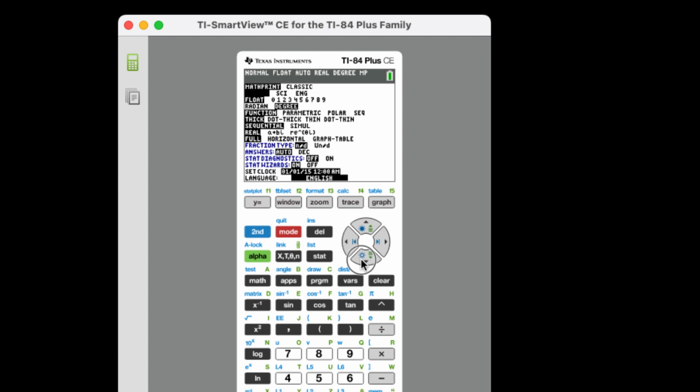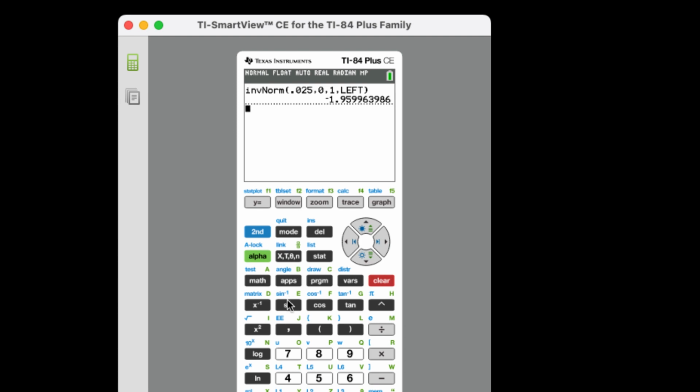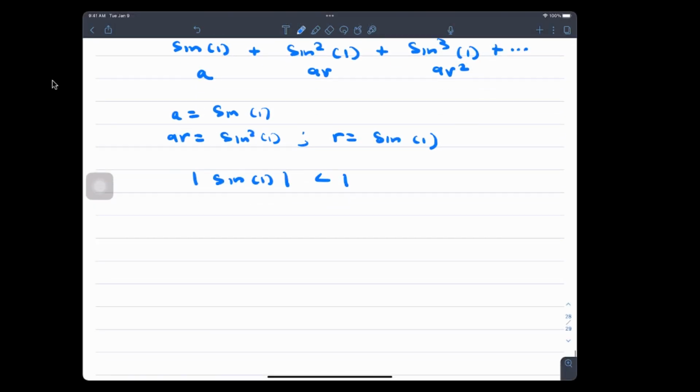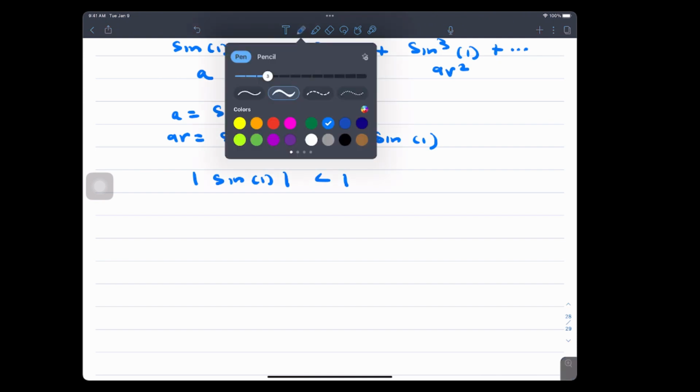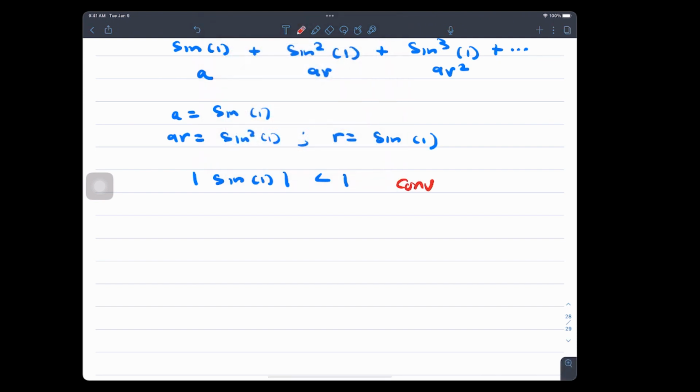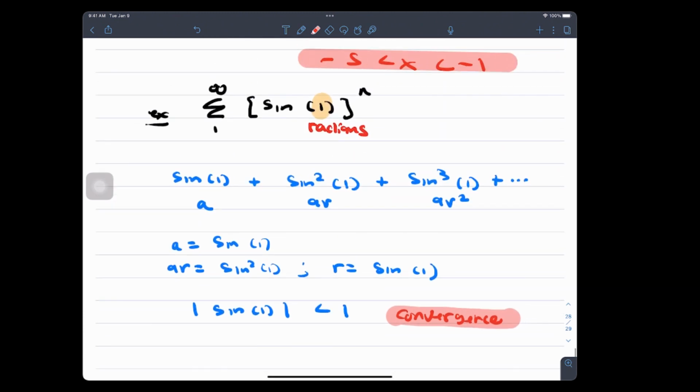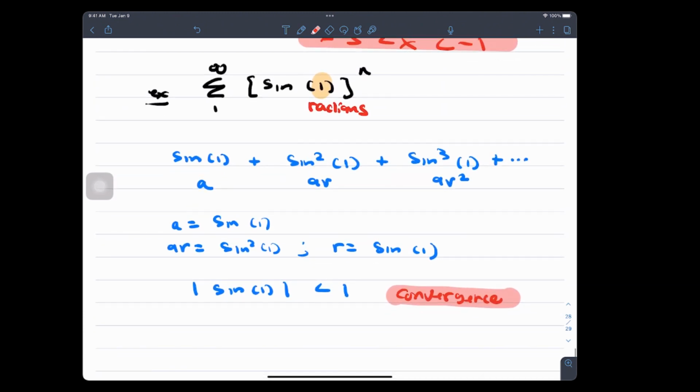All this is in radians. Sine of 1 is what number? 0.84. You guys know the point I'm trying to make? Sure enough, this is smaller than 1. So we have convergence. So this is a geometric series that converges.